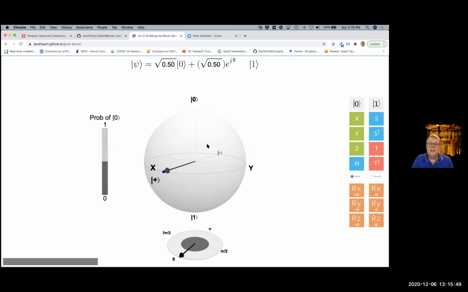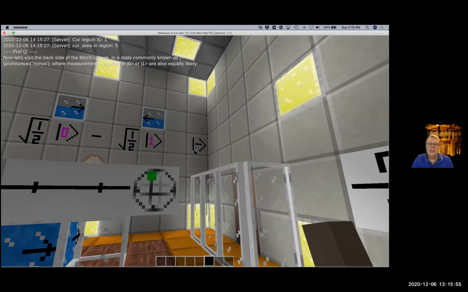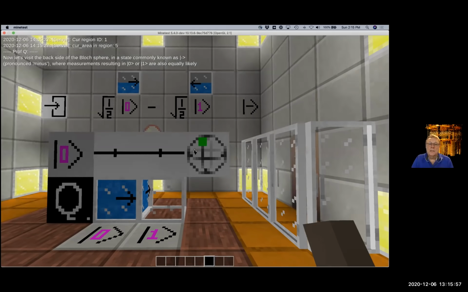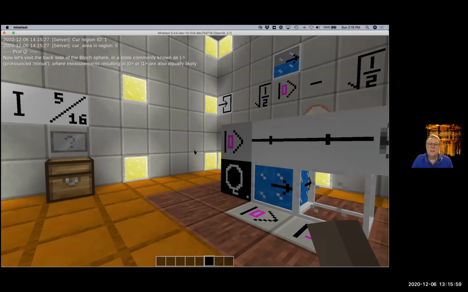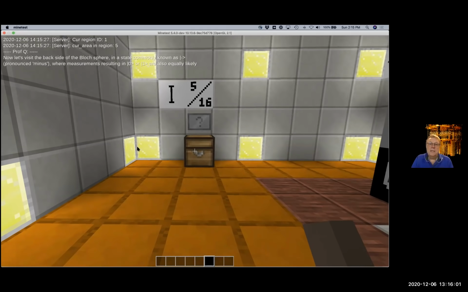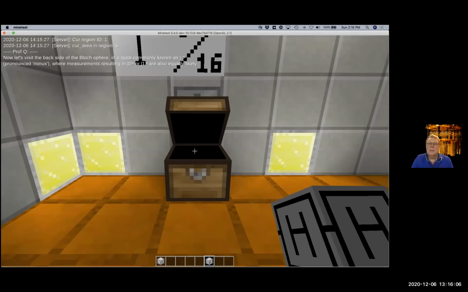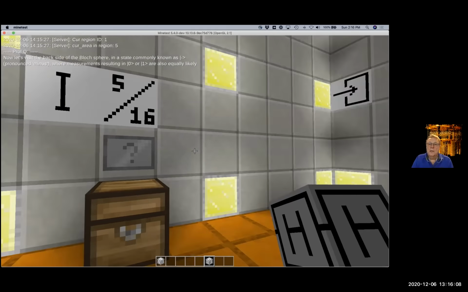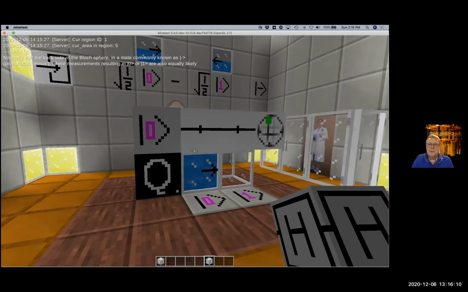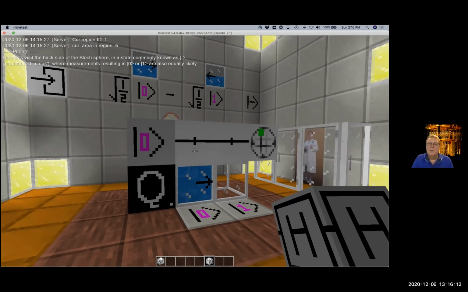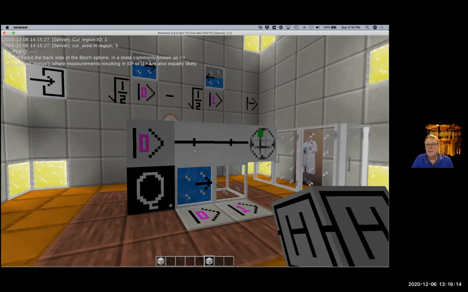And so how do we get this quantum state to the back of the Bloch sphere? Let's see what we have to work with. Well, we have an X gate and we have an H gate. So we know that we need to put those on this circuit, but in what order do we put them on that circuit?